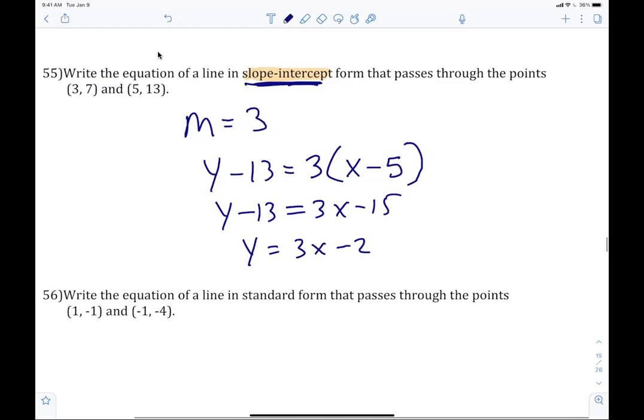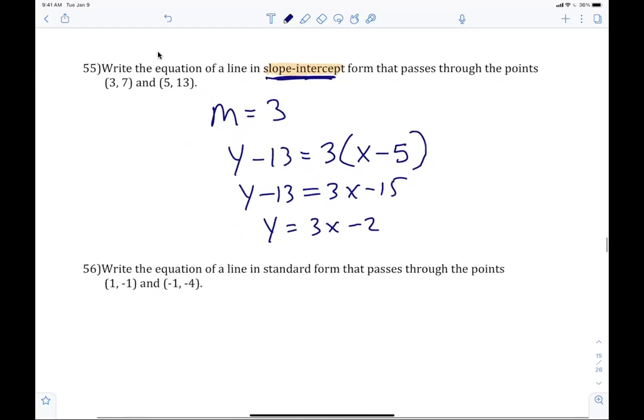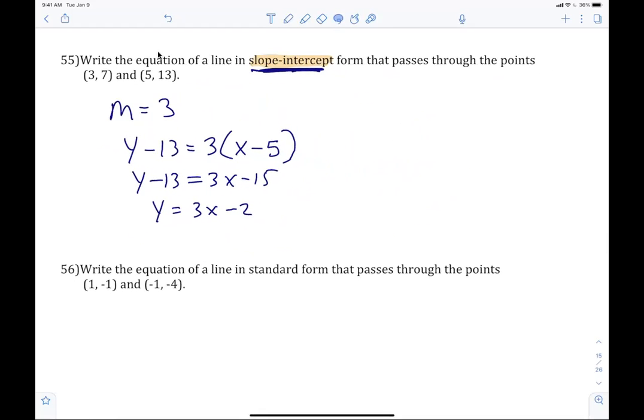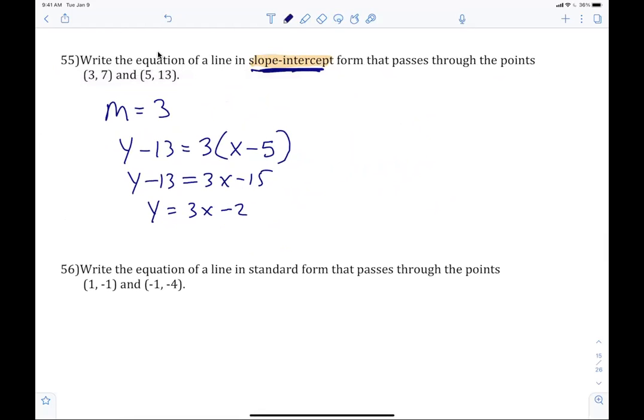Okay, good. So what I want to do is we're gonna do the first one too, just to show everybody and just to review this with you. So if we do the first point, we're gonna say y minus 7 equals 3 times x minus 3. Do you agree with that? Now again, I always used to tell kids, these don't look the same. But guess what?